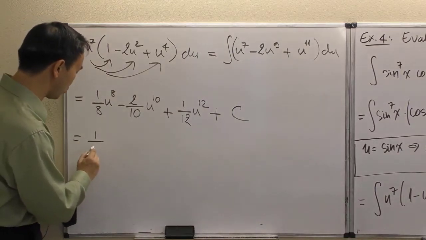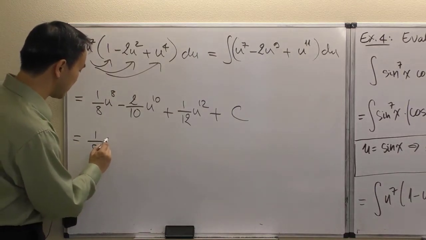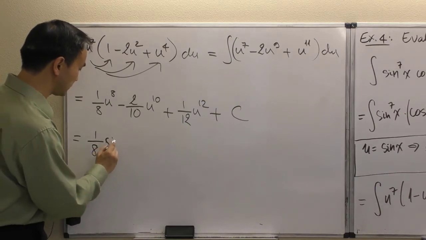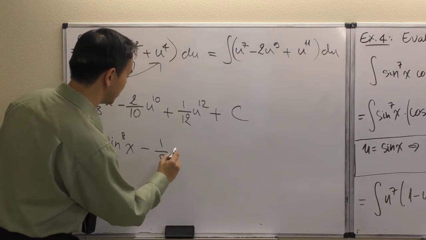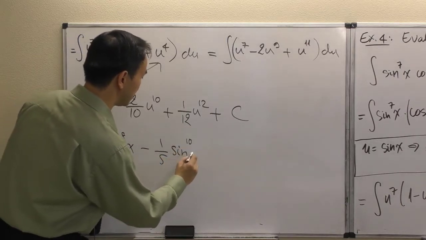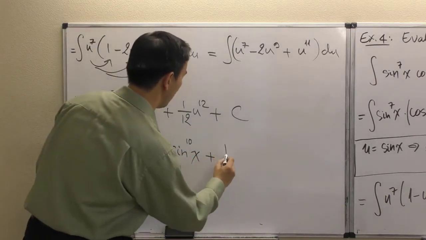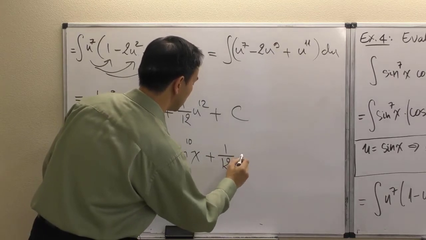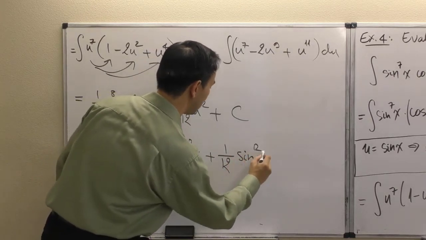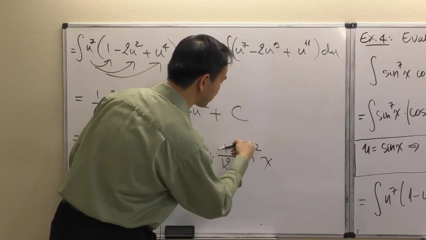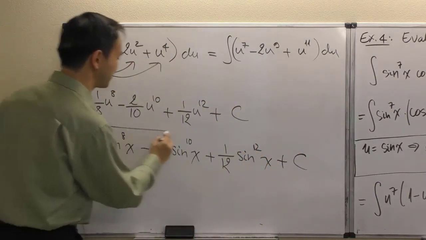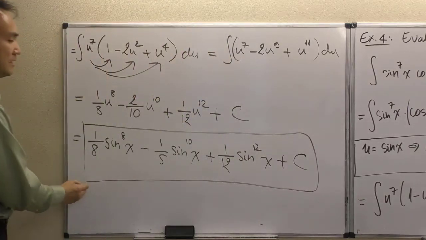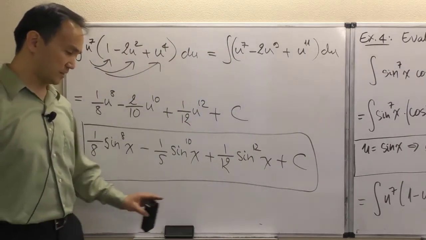So here we're looking at 1/8 sine to the 8th of x minus 1/5 times sine to the 10th of x plus 1/12 times sine to the 12th of x plus c.